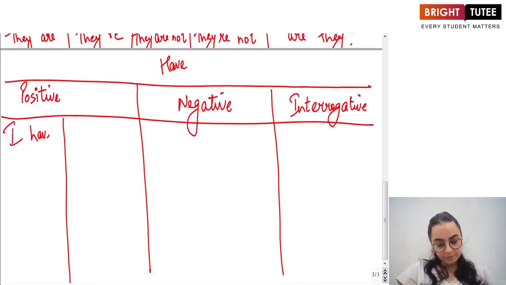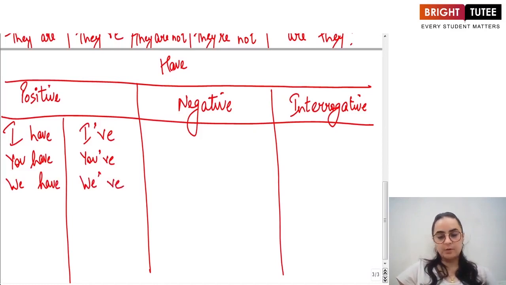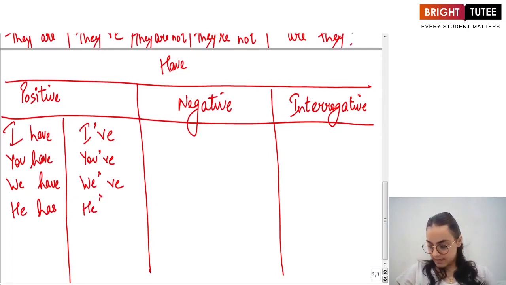I have, and the short form becomes I've. You have, and the short form becomes you've. We have, and the short form becomes we've. He has, and the short form becomes he's.